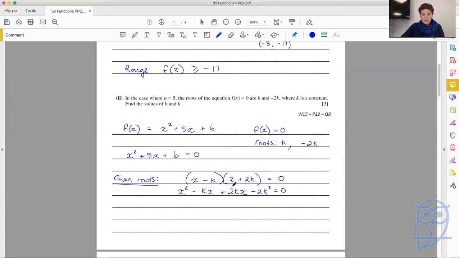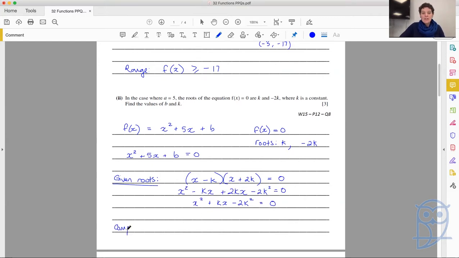Combining some like terms there in the middle, x squared plus kx minus 2k squared equals 0. So now we have two quadratics that are equated to 0, and that are the same thing, because we've just worked from two different directions. What that means is that x squared is x squared, 5x is kx, and therefore k equals 5.